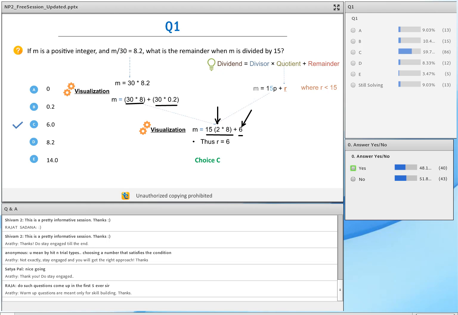Okay, only about half of you did that. I want more and more of you to do that because that's the approach that we want you to take going forward. So let's go into still solving again.